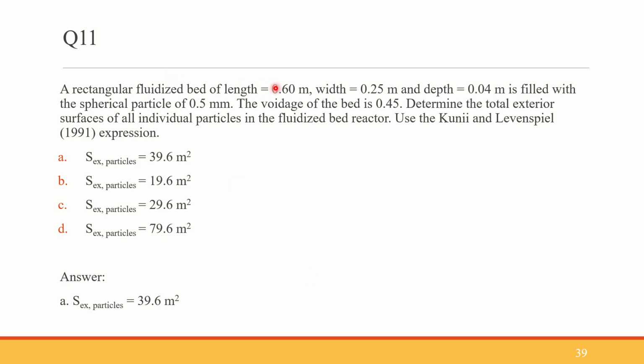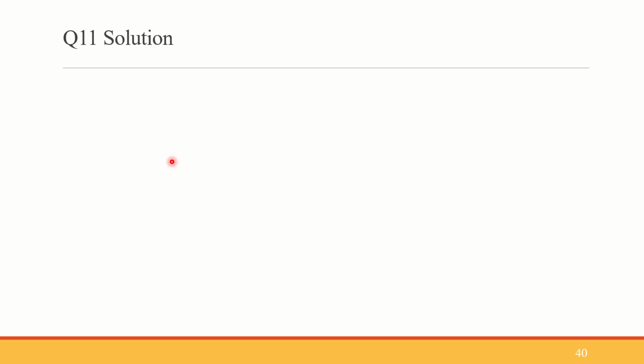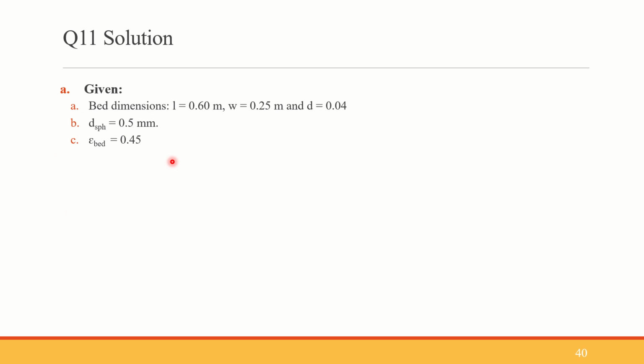A rectangular fluidized bed of length 0.6 meter, width 0.25 meter, depth 0.04 meter is filled with spherical particles of 0.5 mm size, and voidage of the bed is 0.45, and we are asked to find the total exterior surfaces of all particles. So we are getting the answer as 39.6 meter square through the calculation. And how did we get that? The formula is volume of the bed into 6 into 1 minus epsilon bed divided by phi s into dp.